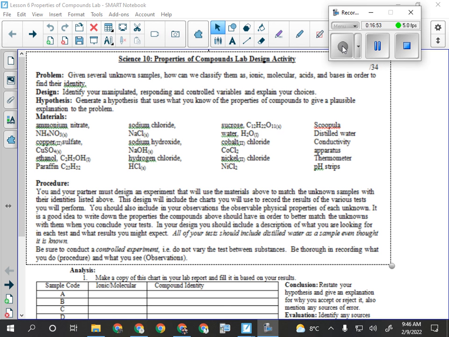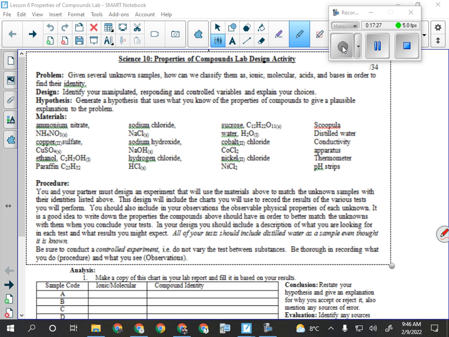Next thing is our hypothesis. What three words need to go in our hypothesis? If, and, then. Those three words need to be in our hypothesis. So, reminder, the if part of a hypothesis deals with the premise that we are working on. The idea of this experiment is to identify unknown materials based on their unique physical properties.